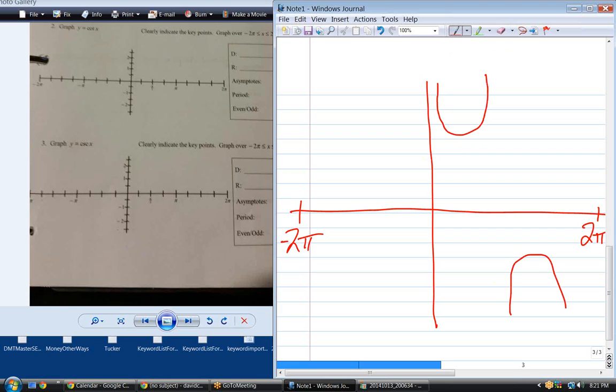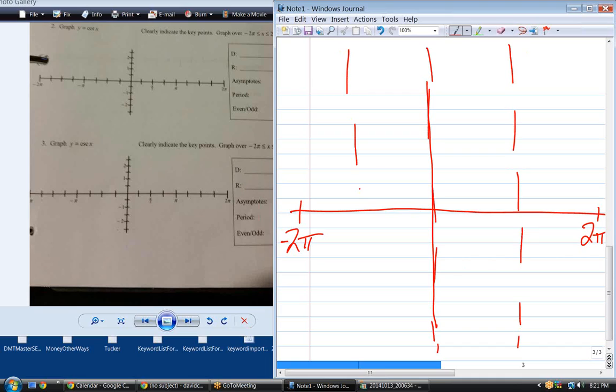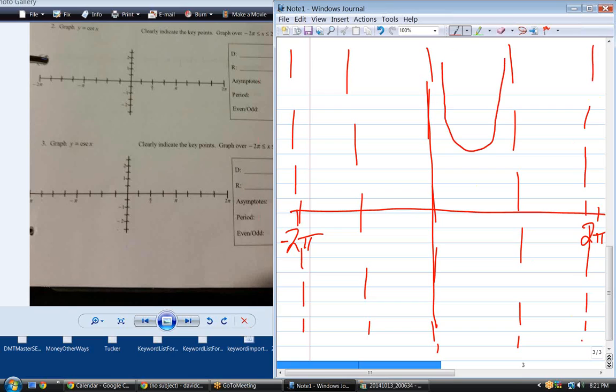So the cosecant looks kind of like that. So the asymptotes? Every pi. You know, the first one goes there, and they alternate.